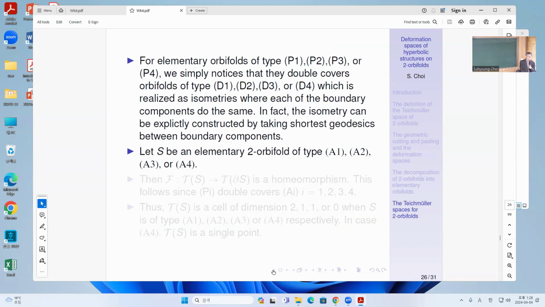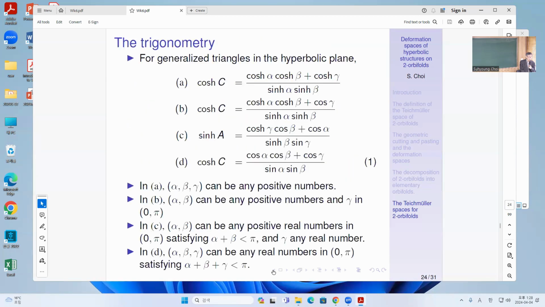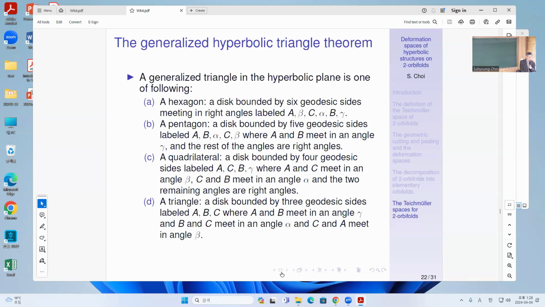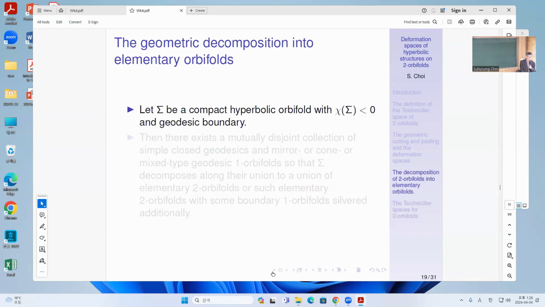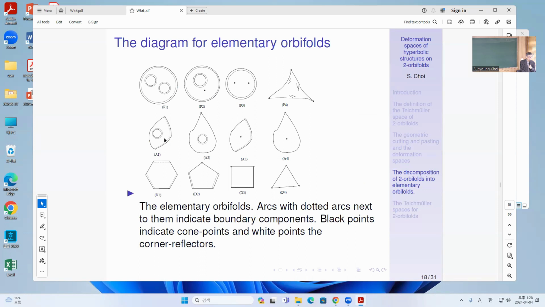So if you look at this boundary length and then this boundary length, you have to have the same length here, but anyway, this and this will determine this structure, because then it will be uniquely covered by some hyperbolic structure here.